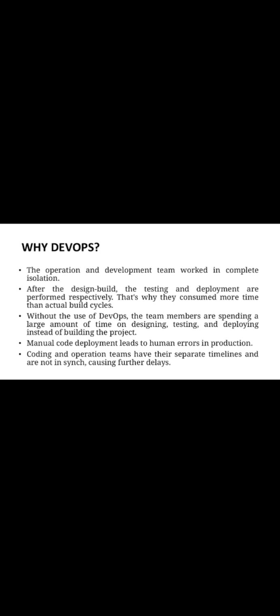Next, manual code development leads to human errors in production. While deploying or delivering the application or a project, DevOps will reduce the human errors. Coding and operation teams have their separate timelines. There will be a time limit.